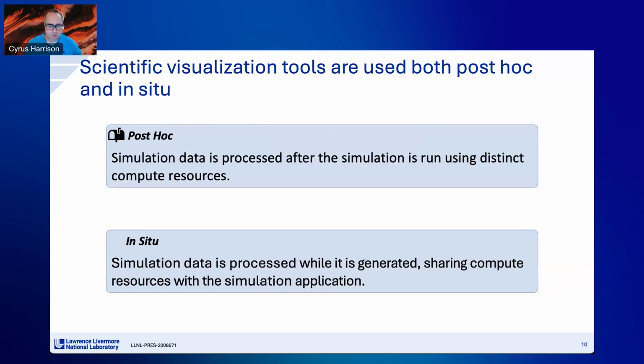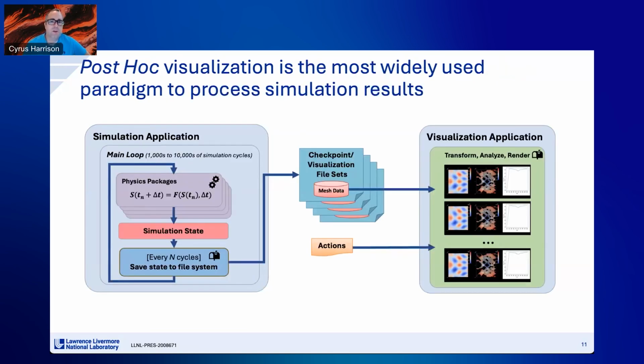Instead of writing files and coming back later, while the simulation is running, you share some of the compute resources with the simulation, and from there you try to get pictures out or further artifacts that help you do your science. Post hoc is by far the most widely used.